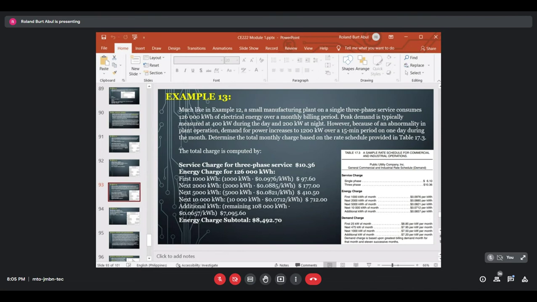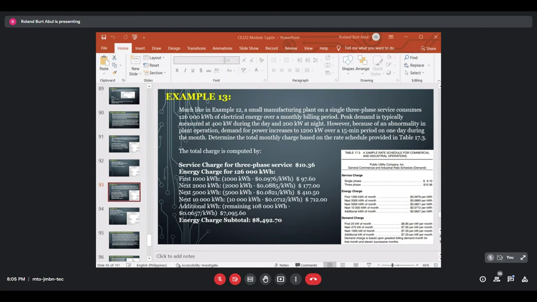Okay, sir. Since it's a three-phase connection, the $10.36 is given. Since the energy charge is based on the given 126,000 kilowatt hours, we multiply by the rate for each cutoff. The first 1,000 is multiplied by $0.0976, which gives us $97.60.